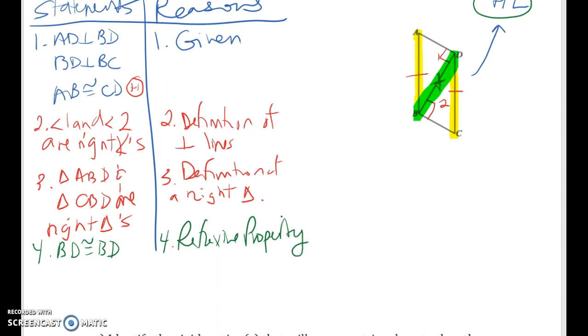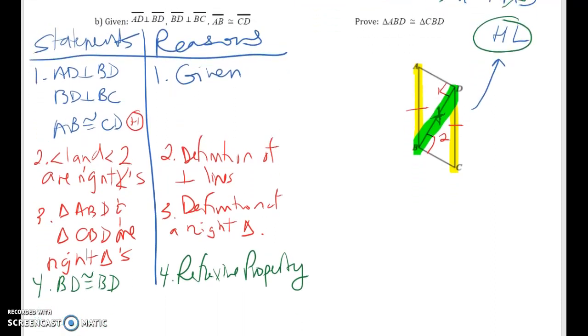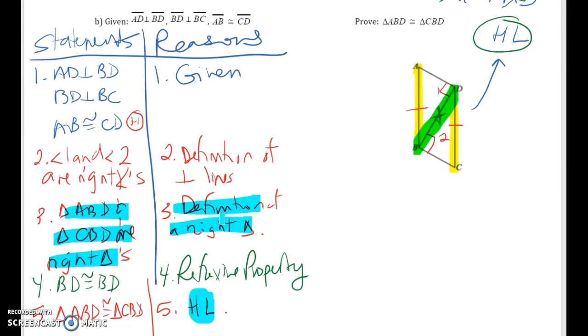So do I have enough information now to prove triangle ABD congruent to triangle CBD? Yes. Triangle ABD congruent to triangle CBD. And the reason is hypotenuse leg. So just keep in mind, in order to use this, this must be stated in your proof before you can use it.